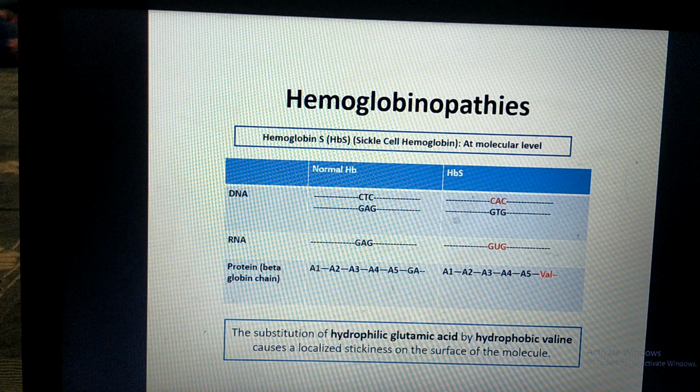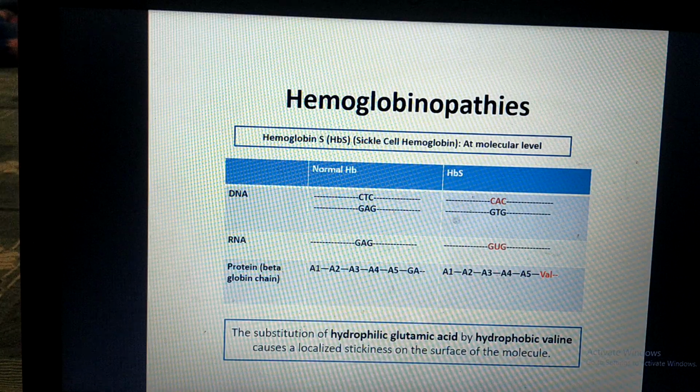Basically, there is a mutation in the DNA code, where CTC is mutated to CAC. Therefore, during transcription, the code on mRNA changes from GAG to GUG.